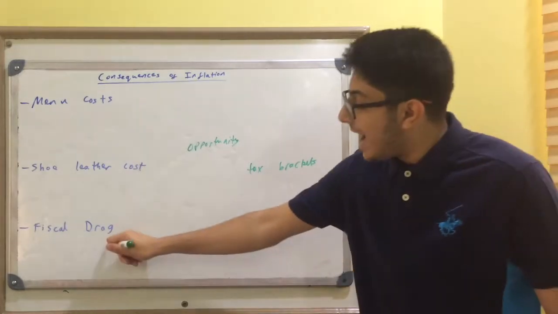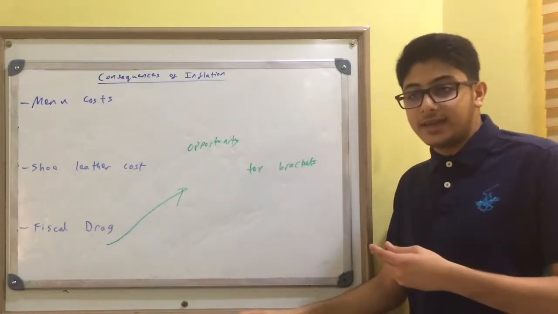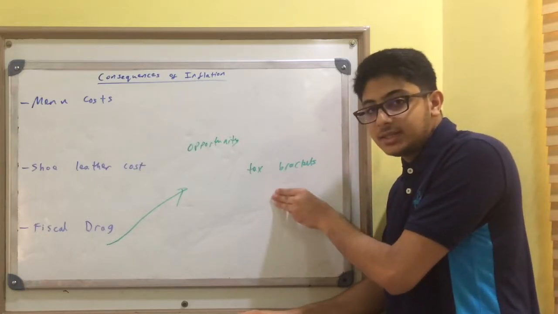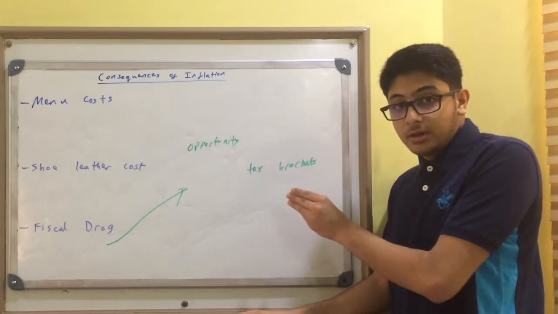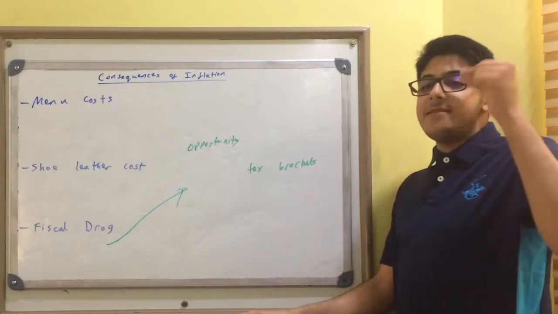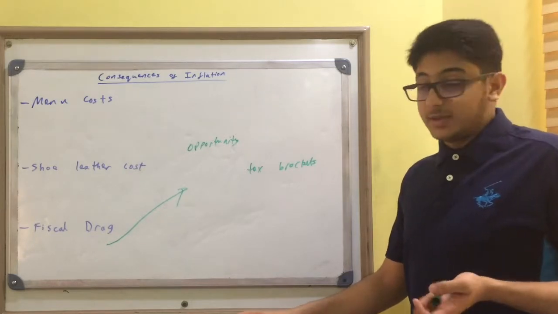That's going to drag you into a higher tax bracket, okay, which have not been adjusted for inflation, because that takes time. Therefore, you're going to have to pay even more tax, which is bad for you, obviously.